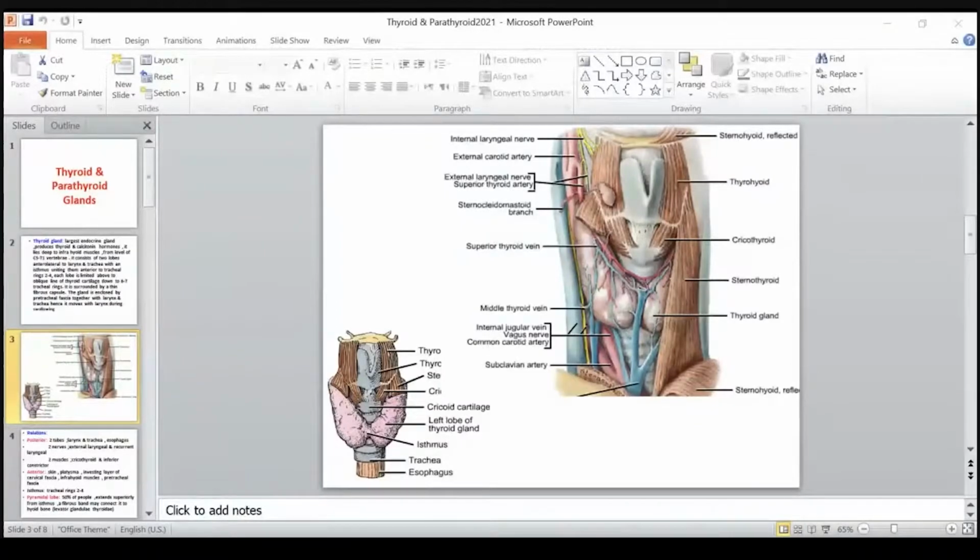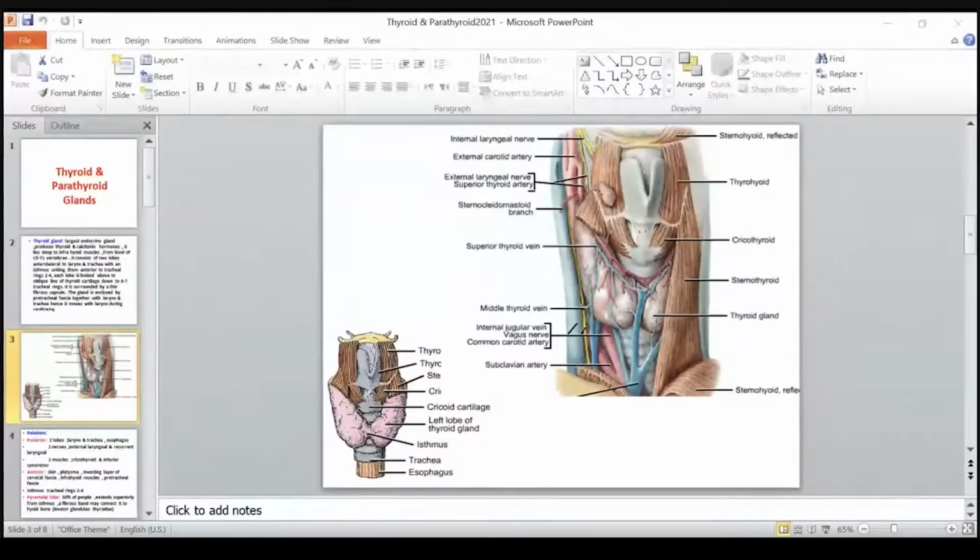So two tubes, superiorly the larynx and pharynx, and below the trachea over the tracheal rings, and posteromedial is the esophagus. So two tubes above, which are the larynx and the pharynx, and then below the trachea and the esophagus. Below, the larynx continues as the trachea, and the pharynx posterior to it continues as the esophagus.